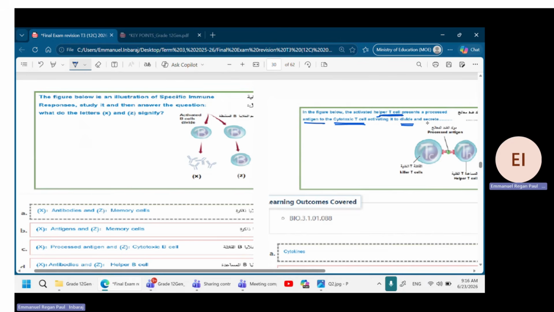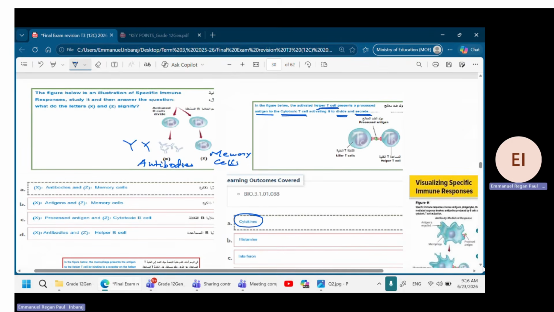They divide and secrete what? They divide and secrete cytokines. And this X is antibodies. Don't forget, it's a Y-shaped structure. And this is memory cells. Okay, now let's move on.